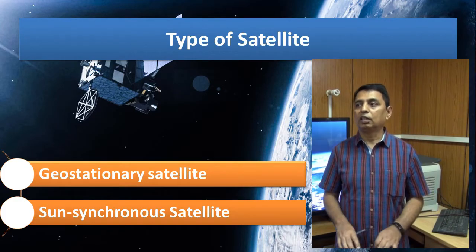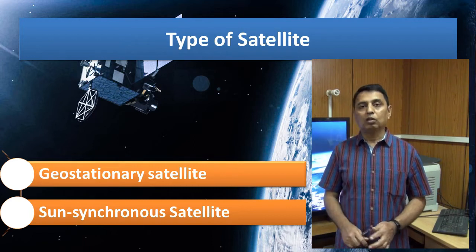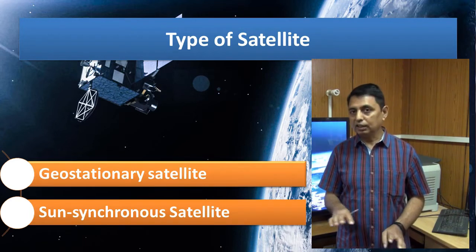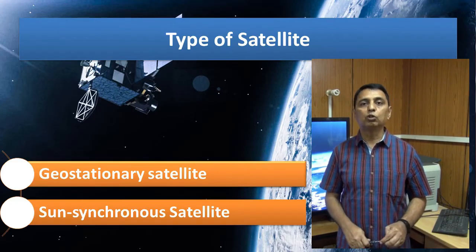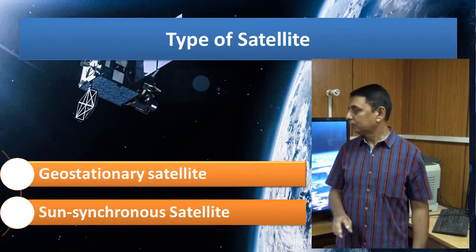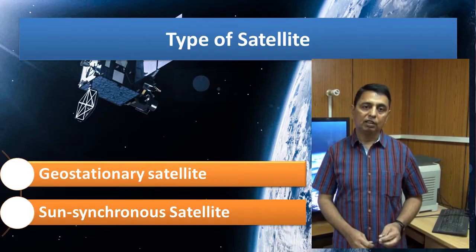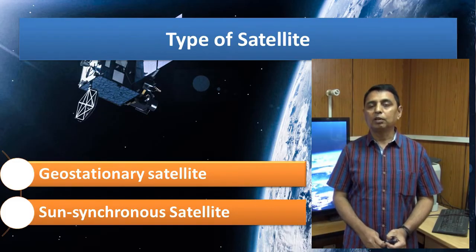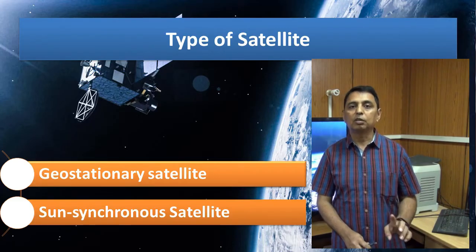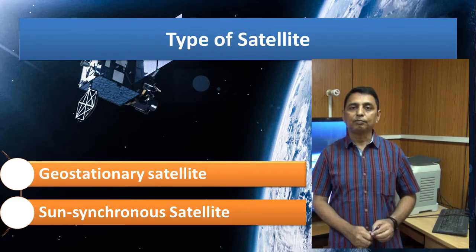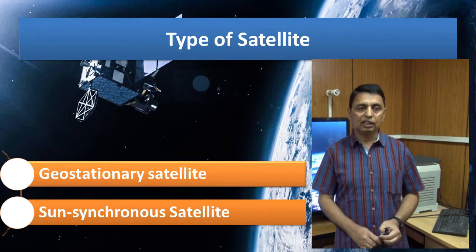If the earth is moving, the satellite is also moving, but the relative motion is the same. So if one geostationary satellite is above Ranchi or above Delhi, it will always be above Ranchi or above Delhi. This is the general idea of the geostationary satellite.